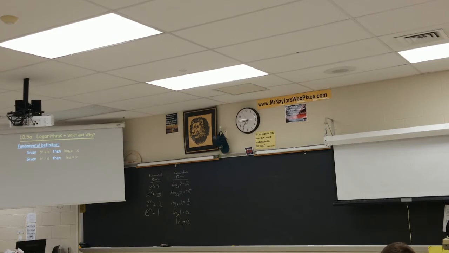Obviously, x is the exponent, and it's equal to a. That can be written as log base b of a, where the same thing is happening. B is the base. It's equal to the exponent, and it's always the log of the value. So it's the log base b of a. And then we have the same statement written with an e to the x.